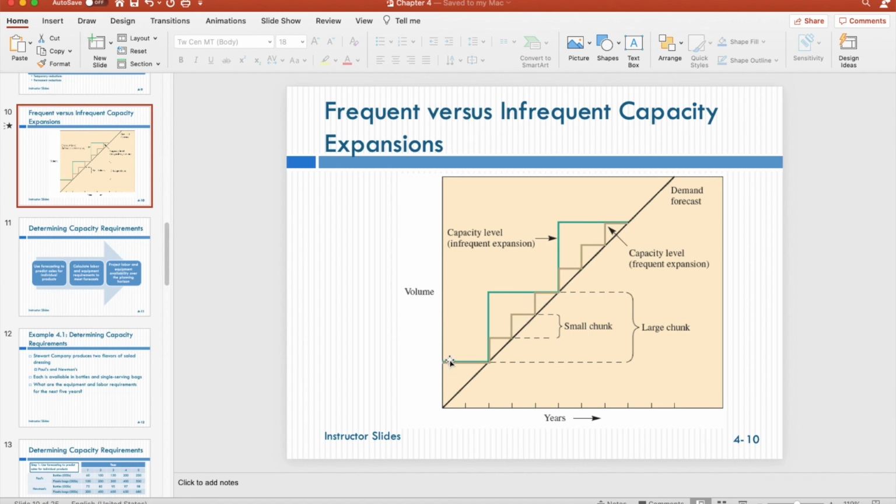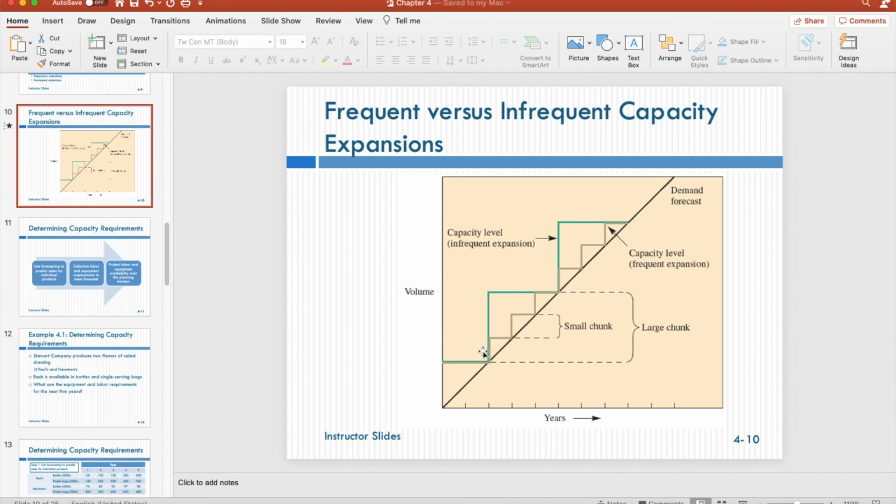Okay, so as I just said, if you frequently expand your capacity, it looks like this gray triangle, right? So you see that each time you move up, the height of the moving up step is a little bit shorter, a little bit lower.